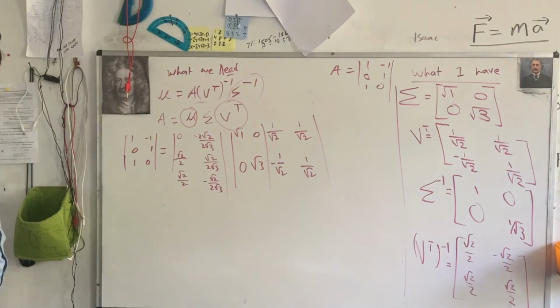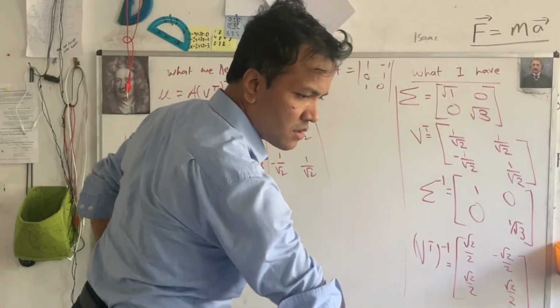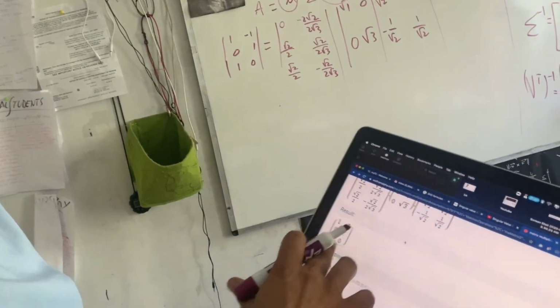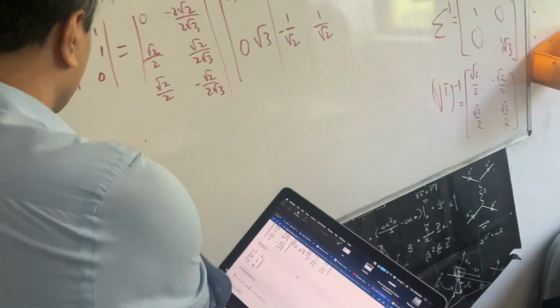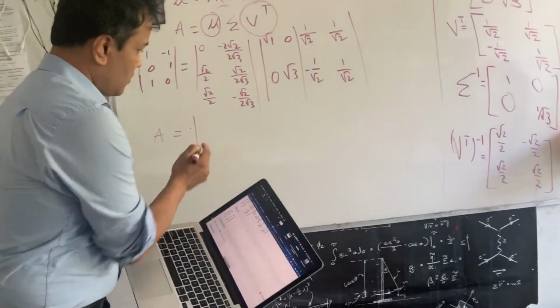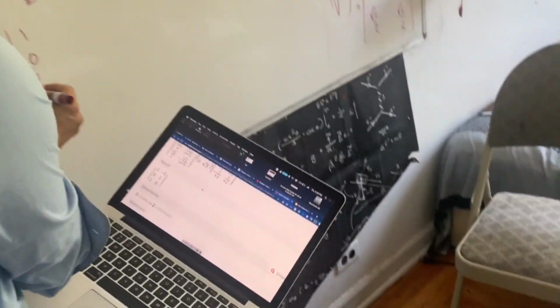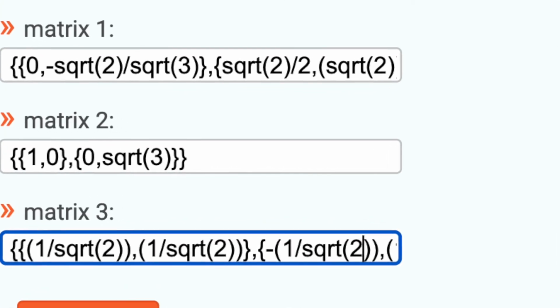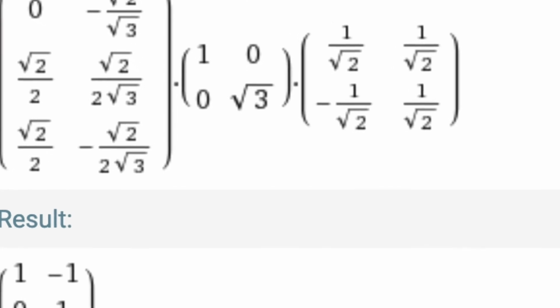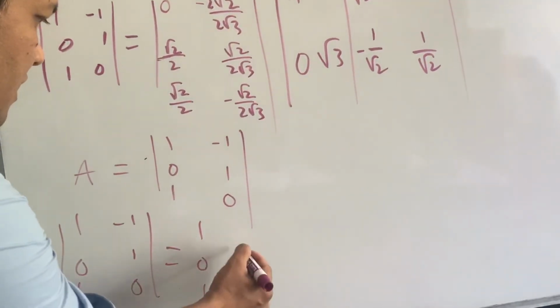Let's use the computer to multiply, and the result is [1, 0, 1; -1, 1, 0]. So our A is [1, 0, 1; -1, 1, 0], which equals [1, 0, 1; -1, 1, 0].